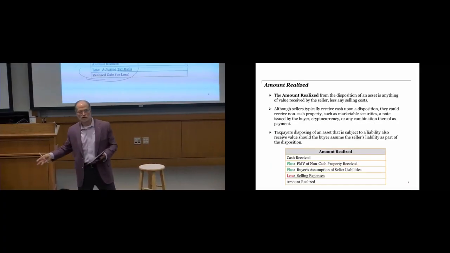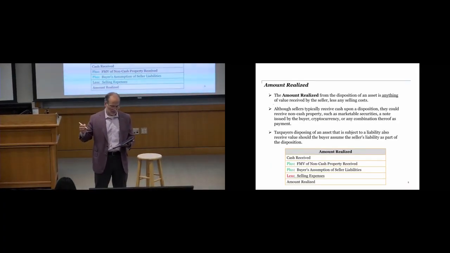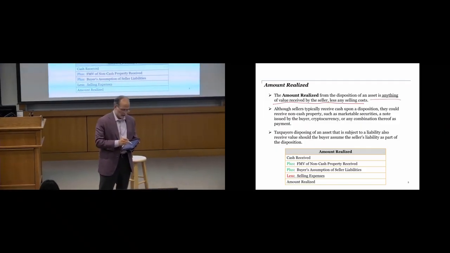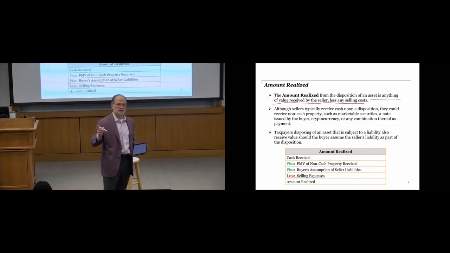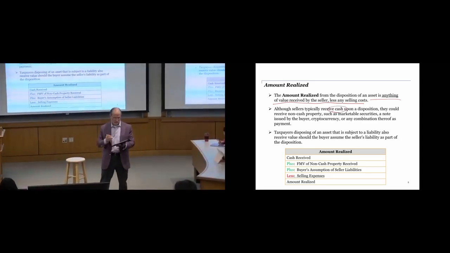Okay. The amount realized from the disposition of assets is anything of value received by the seller, less your selling costs. So typically that's going to be very easy because that's going to be your cash.